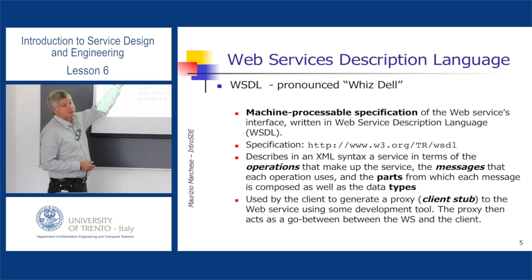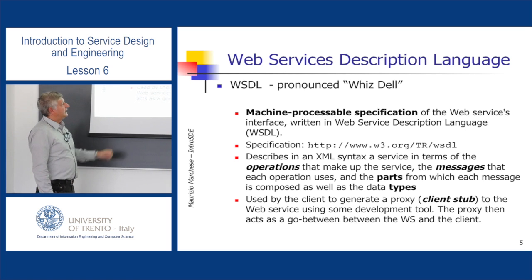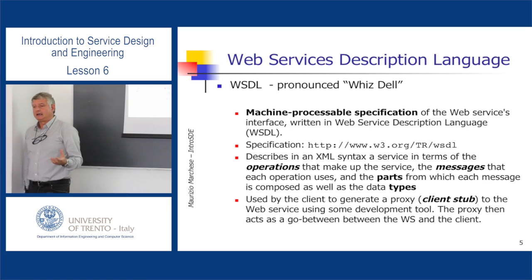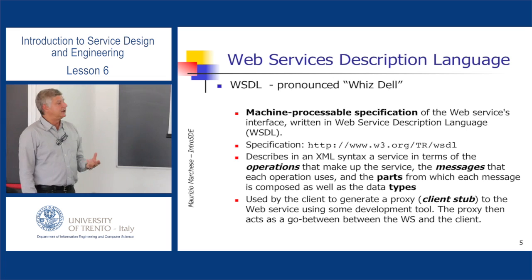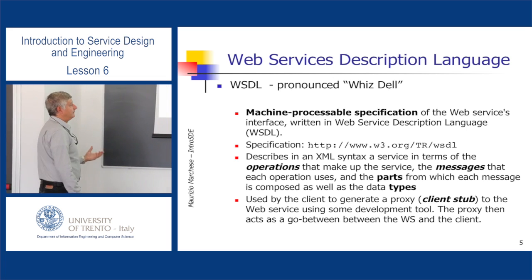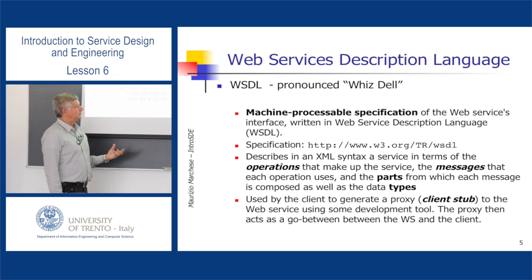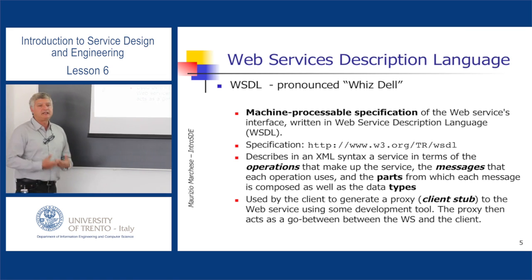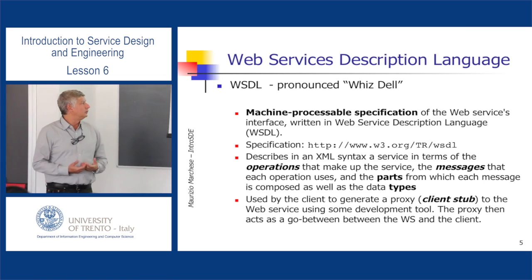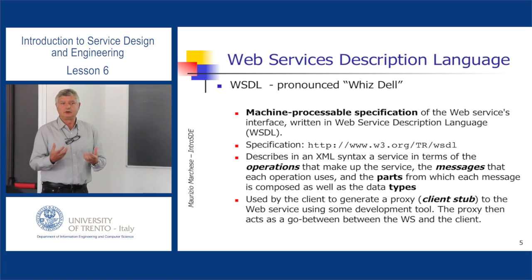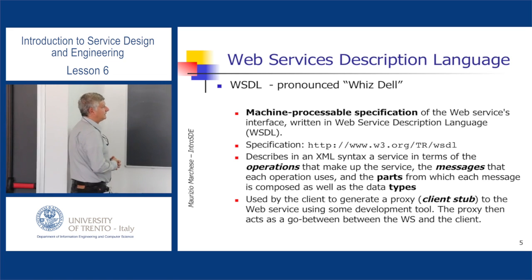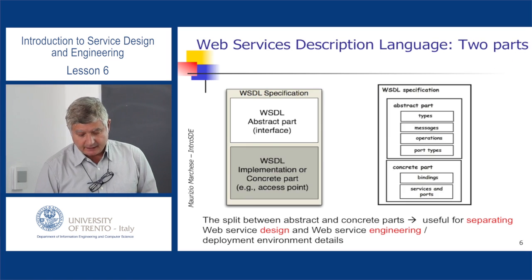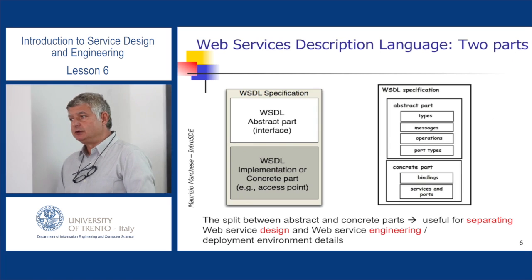There is a description part, obviously, and then it is done in such a way that all these descriptions are expressive enough for a program, some kind of tool or server, on both the client and server sides, to automatically create the so-called client stub, the so-called proxy that acts between the web service and the client. This is how it looks.